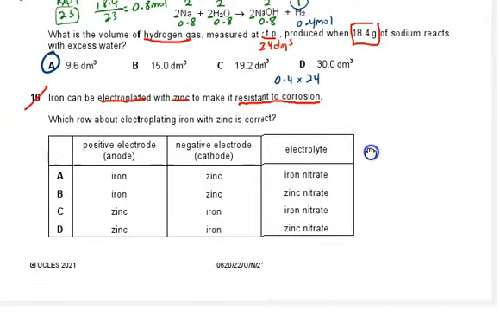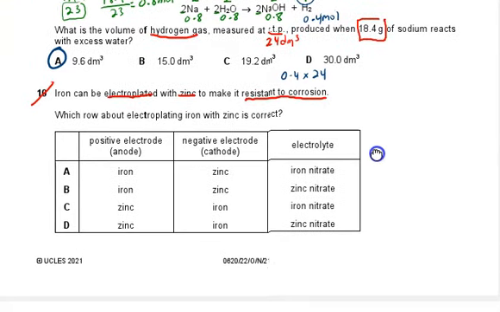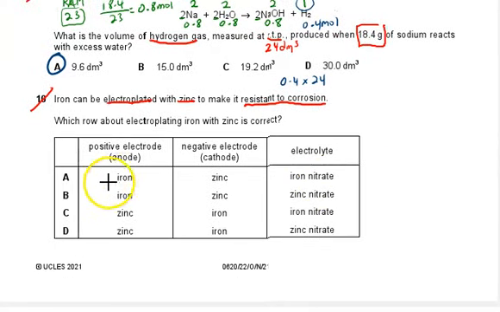So your answer here will be anode: the anode will be the zinc rod. The cathode obviously will be the iron, the object. And the electrolyte you have to use zinc, which is zinc nitrate. So this is your answer for number 10.